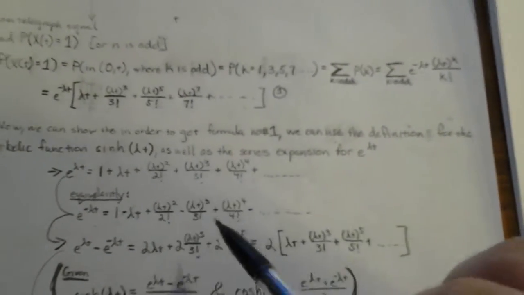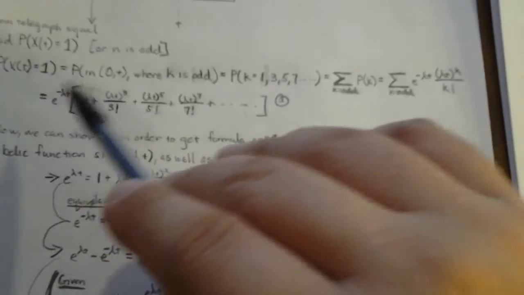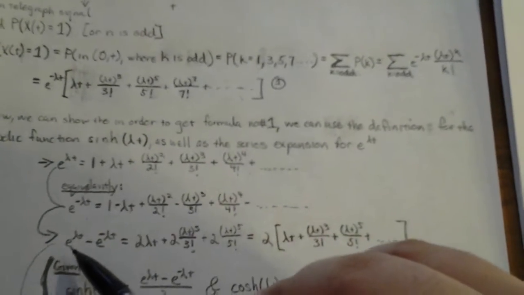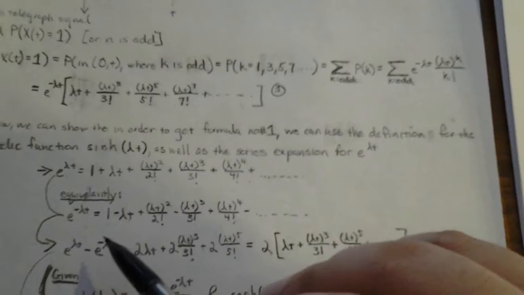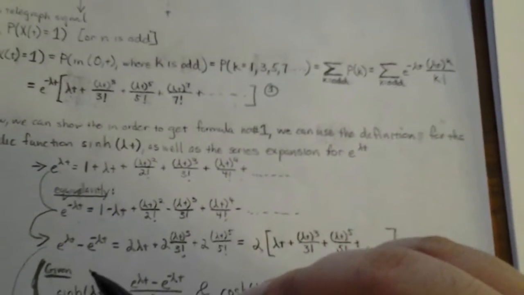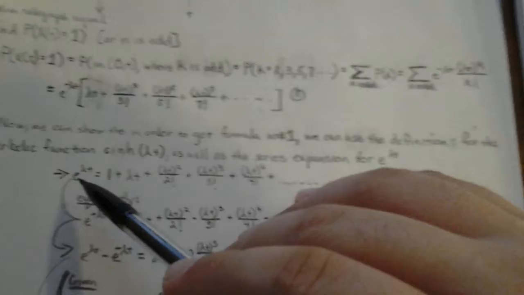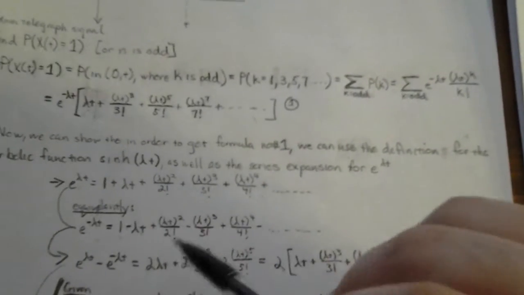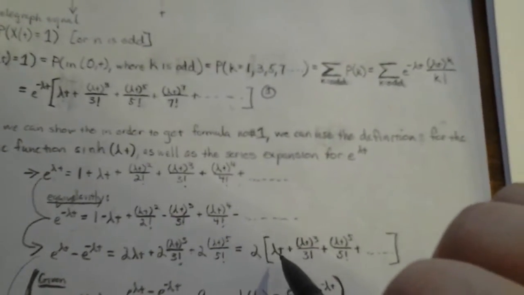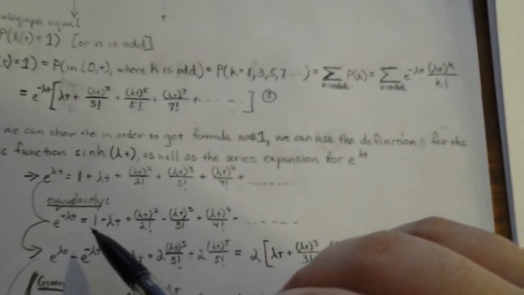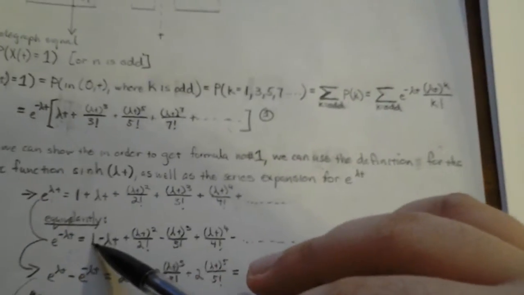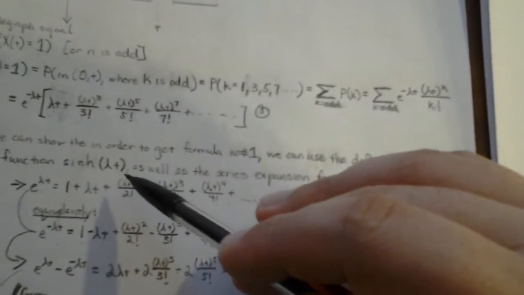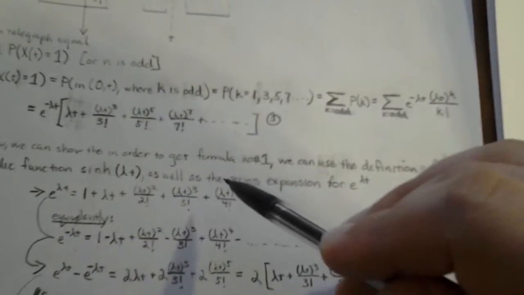In fact, we could basically define this inner term by e to the lambda t minus e to the negative lambda t over 2. Similarly, if we'd actually added these terms instead of subtracting, we would get the opposite right here. We would have ended up with 2 times, and the expansion would have been 1, lambda t squared over 2 factorial, lambda t to the 4th over 4 factorial, and so on.